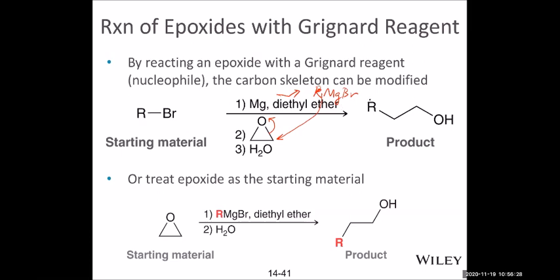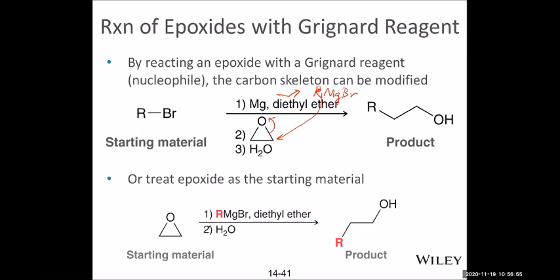So you can see, starting from a halide, reaction with the simplest epoxide, we're able to add two more carbons to the structure. So that's one way to add using the epoxide.